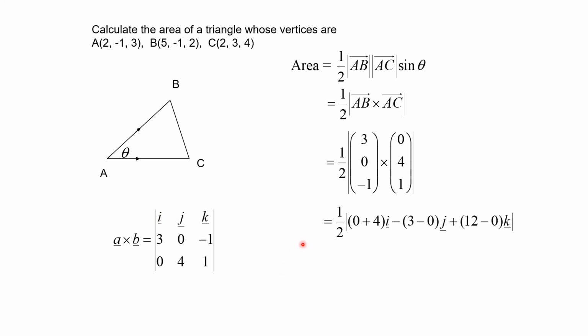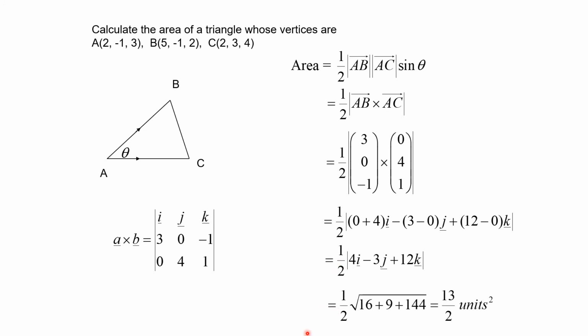We will get the individual components of I, J, and K, and this will result in a vector. And we need to find the modulus of the vector. The modulus of a vector can be identified simply by squaring each component x, y, and z here, which is 4 squared, negative 3 squared, and 12 squared, and add them up, and you can find the area of this triangle ABC.